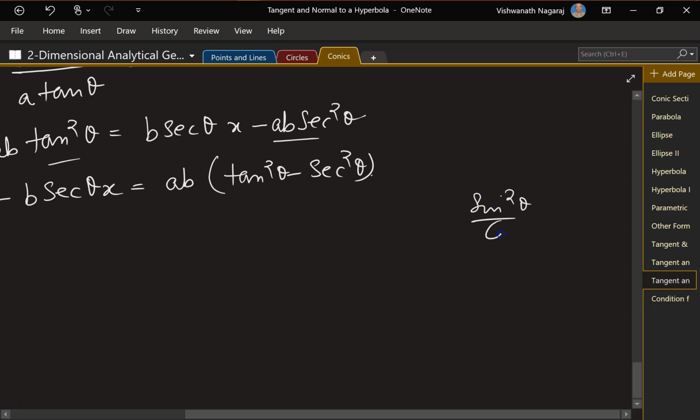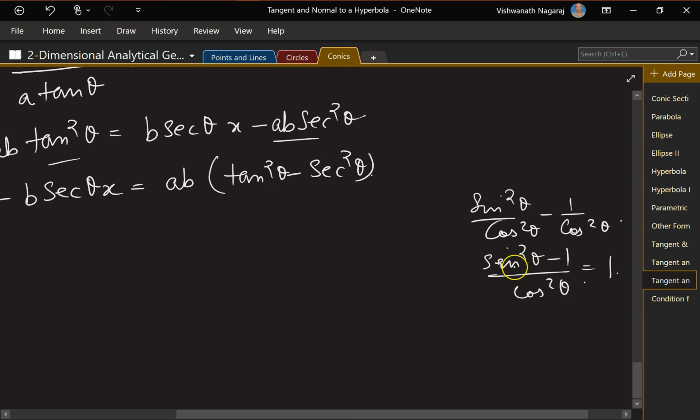Sin square theta by cos square theta minus 1 by cos square theta gives you sin square theta minus 1 by cos square theta. Now, we want 1 minus sin square theta, but this is sin square theta minus 1, which is not 1.